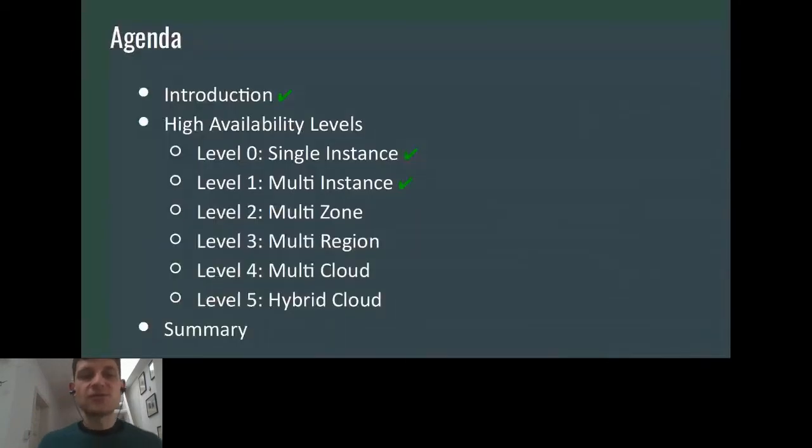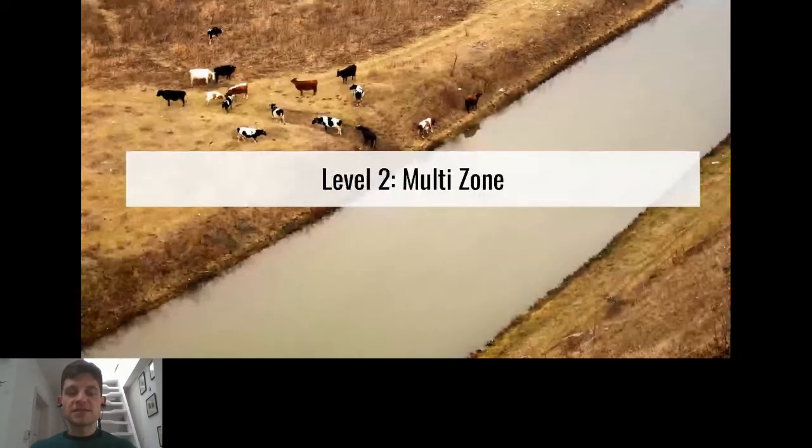Okay, let's move on to level 2, multi-zone. Multi-zone means that if one availability zone is down, the system is still available. So that is how an availability zone looks like. I think this is a data center from Facebook. Usually the idea of an availability zone is that a few data centers form one availability zone.